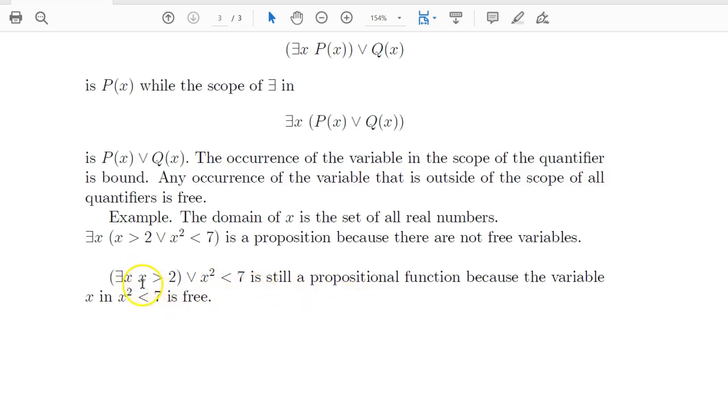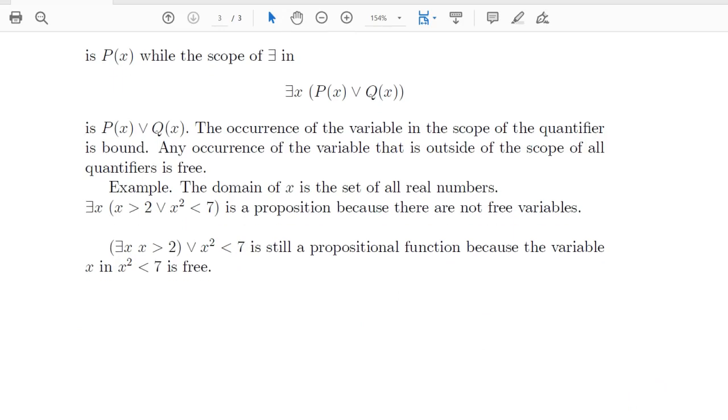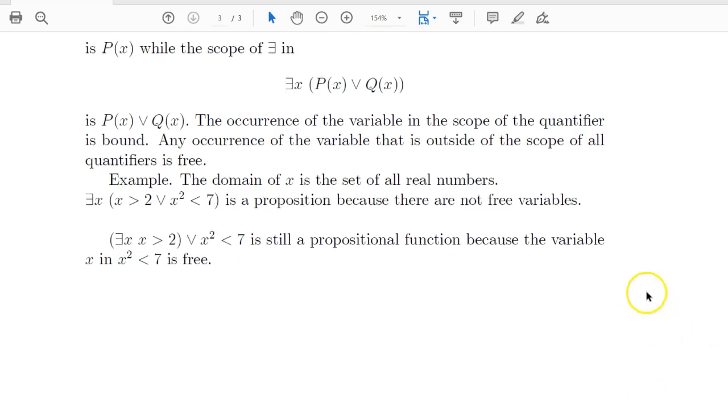Here only the first x is bound, in the function x greater than 2, while the x in the function x squared less than 7 is free. So the whole expression is still a propositional function because there is a free variable.